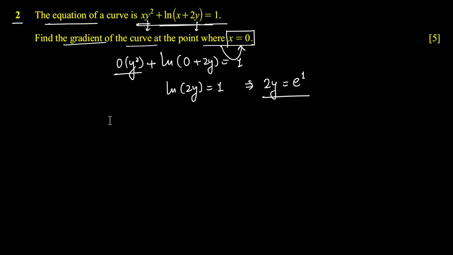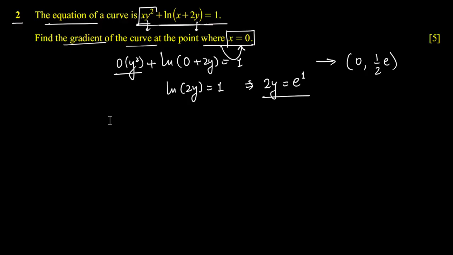So now I'll differentiate this. If we mention the point explicitly where x is 0, it is (0, e/2). Now we'll differentiate both sides.